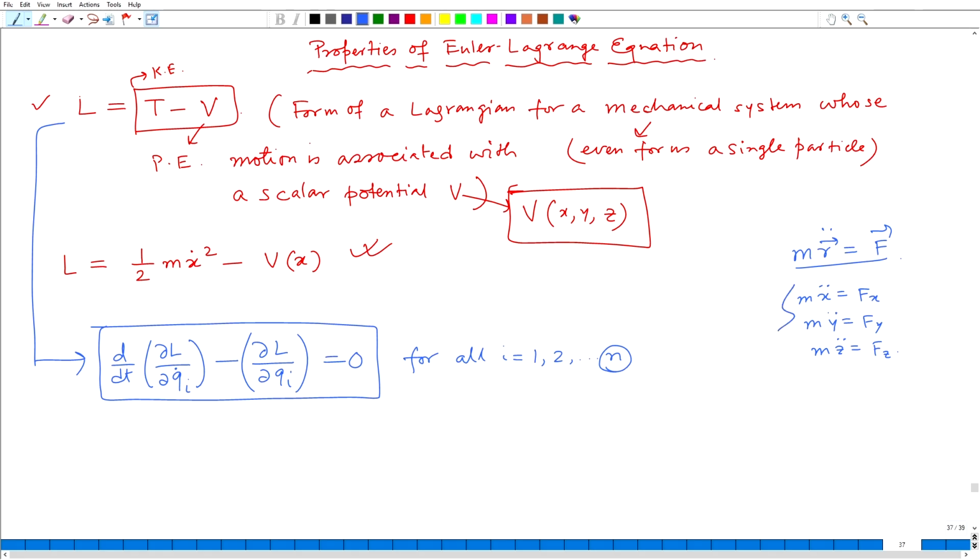Can you do the same with r theta phi? Can you write m r double dot is equal to f r, m theta double dot is equal to f theta, and m phi double dot is equal to f phi?